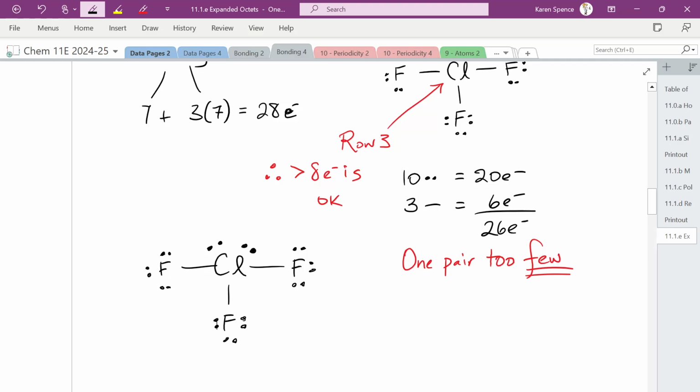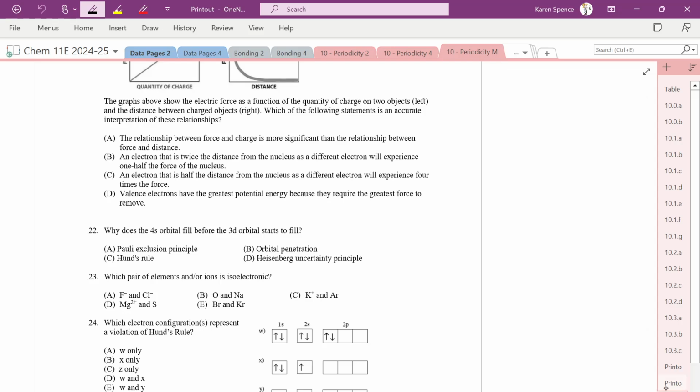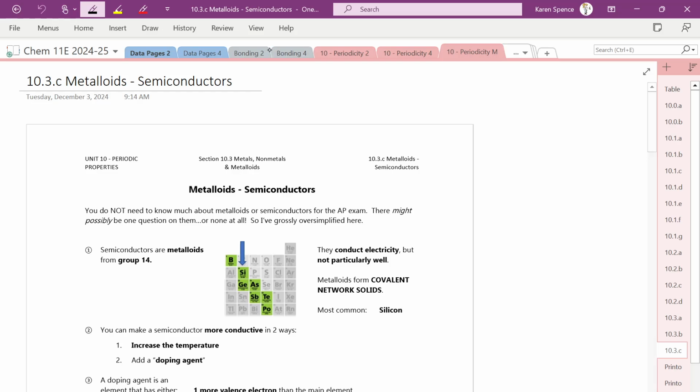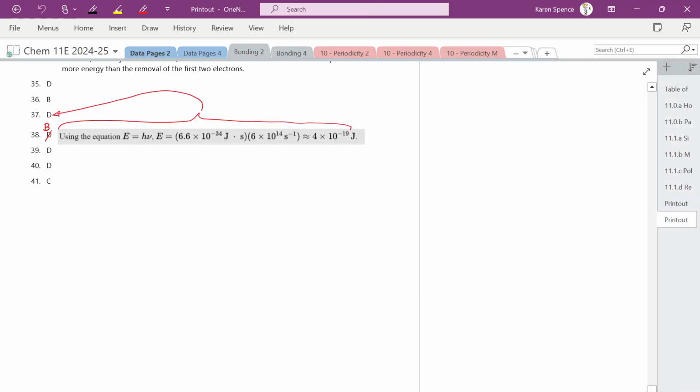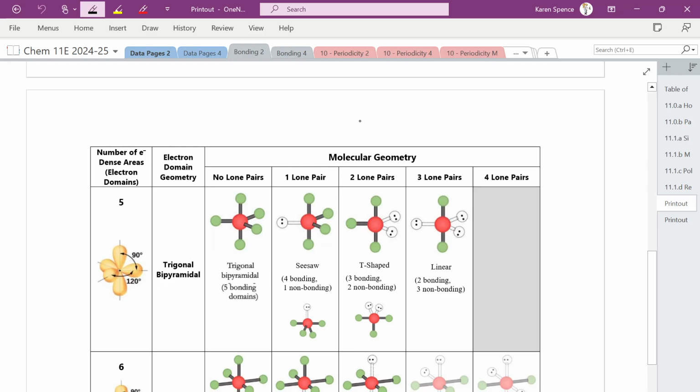Okay, and what is your shape here? Feel free to bop back to your chart. So we have Cl.